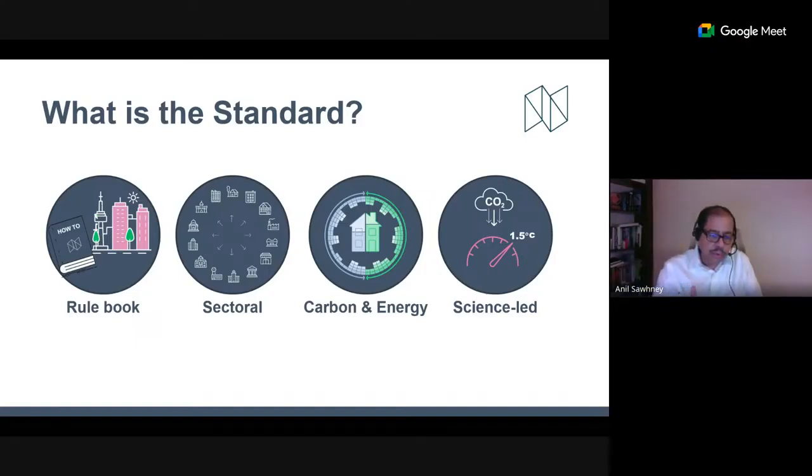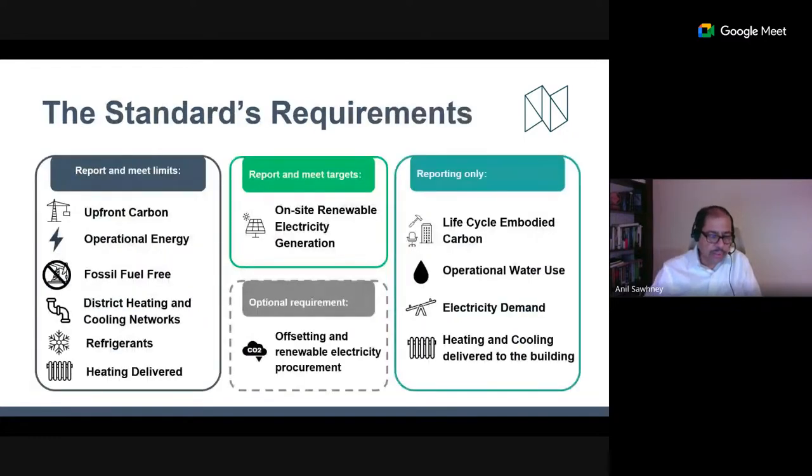It deals in both carbon and energy, and it is a science-based or science-led calculation. A very interesting piece of work, which perhaps you would be interested in following in more detail. I'll give you high-level information on that.